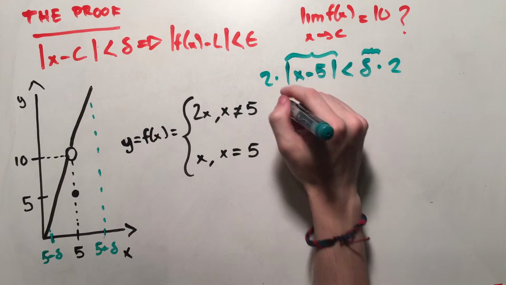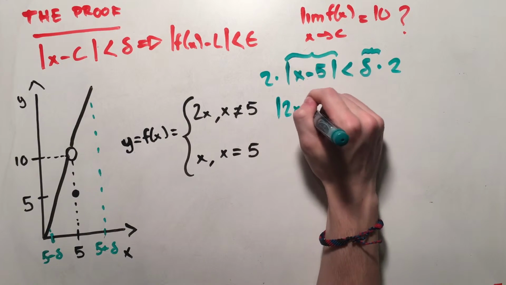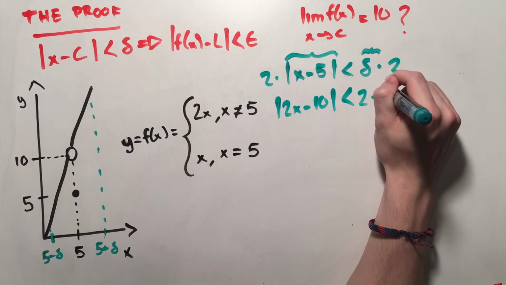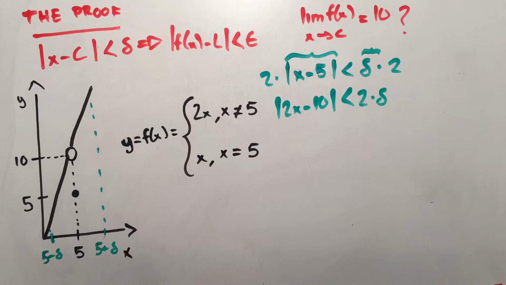We can do this by multiplying both sides of the delta inequality by 2, so now we have the absolute value of 2x minus 10 is less than 2 delta.